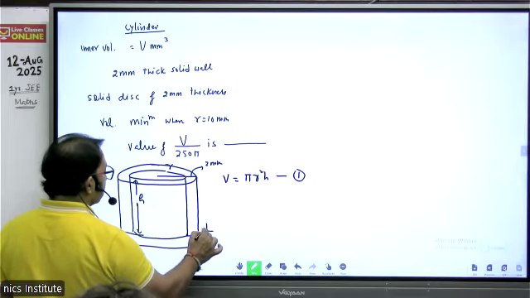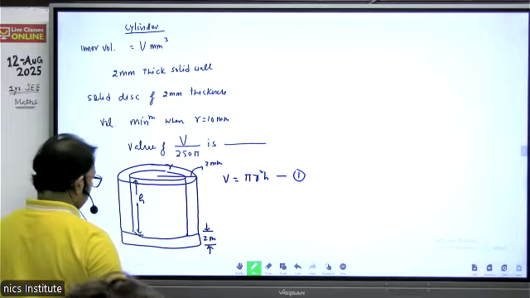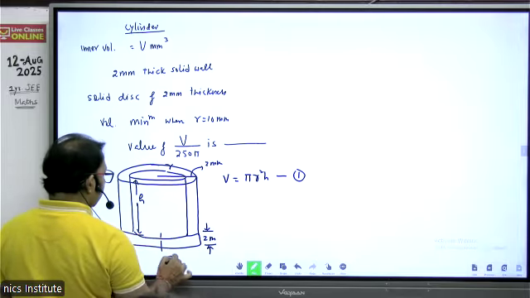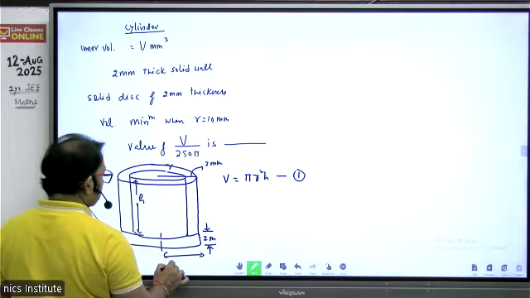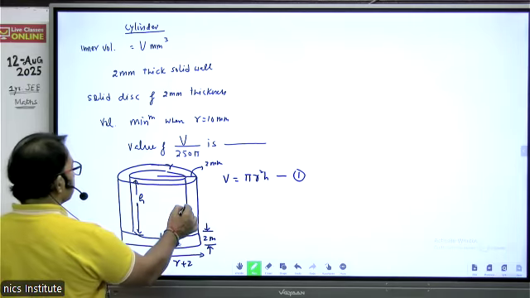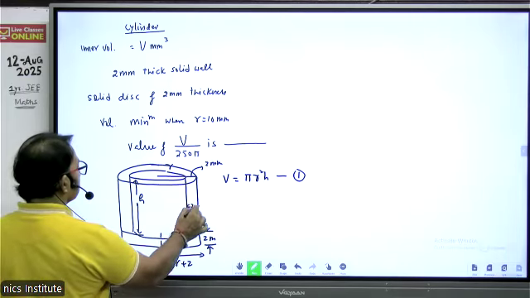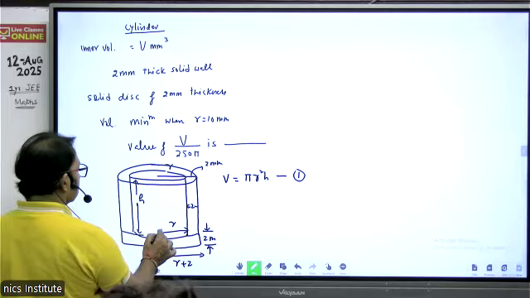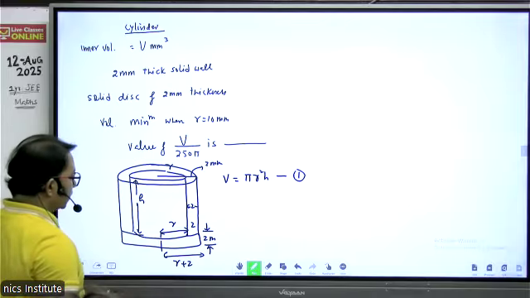So even this thickness is 2 mm. And the radius of the disk would be how much? R plus 2, because this thickness is 2. This is R, this is 2. So R plus 2 is this.